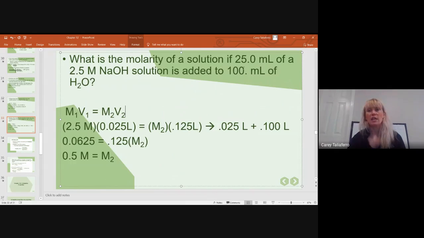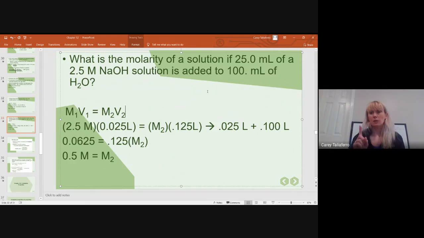So I'm taking 25 milliliters of a 2.5 molar sodium hydroxide solution, and I'm adding that to 100 milliliters of water. So I've got 100 milliliters of water in one beaker, and I have 25 milliliters of my sodium hydroxide solution in another. I take that 25 milliliters and I pour it into my 100 milliliters of water.